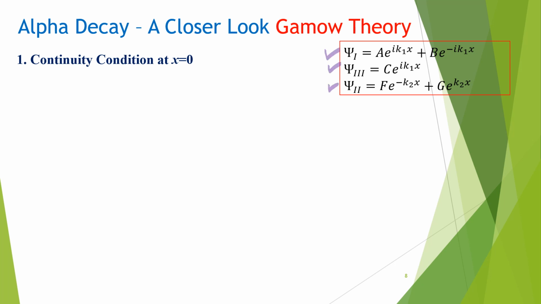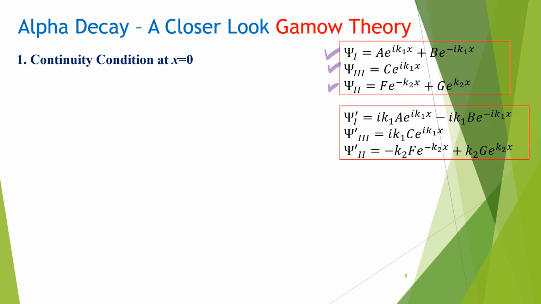I have rewritten this expression, and now I am going to differentiate this equation with respect to x. I mean to say that psi 1 dash, or rather in general psi dash, is the partial derivative with respect to x of psi. So I am differentiating this psi 1 and writing it as psi 1 dash. This is equal to a times ik1 into the same exponential plus b times minus ik1 into the same exponential.